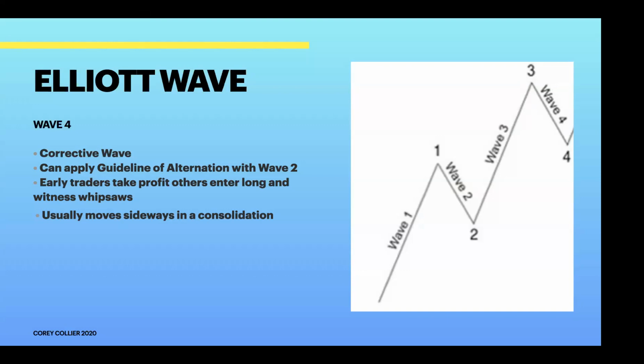If that's the case, then wave 4, guys, would look more like a sideways consolidation and not as deep or not as steep as wave 2. And it also goes vice versa. If wave 2 is the kind of shallow type of retracement or consolidation, then expect wave 4 to be deeper. And that's the guideline of alternation. And I'll touch on that later down the road too.